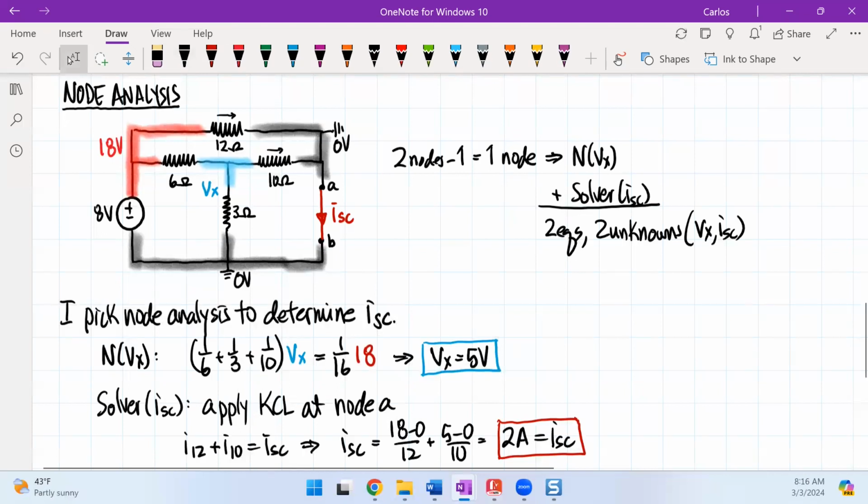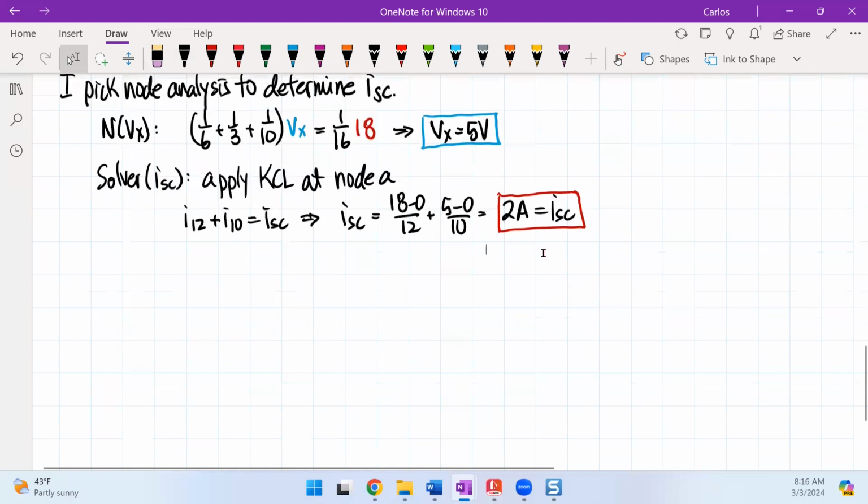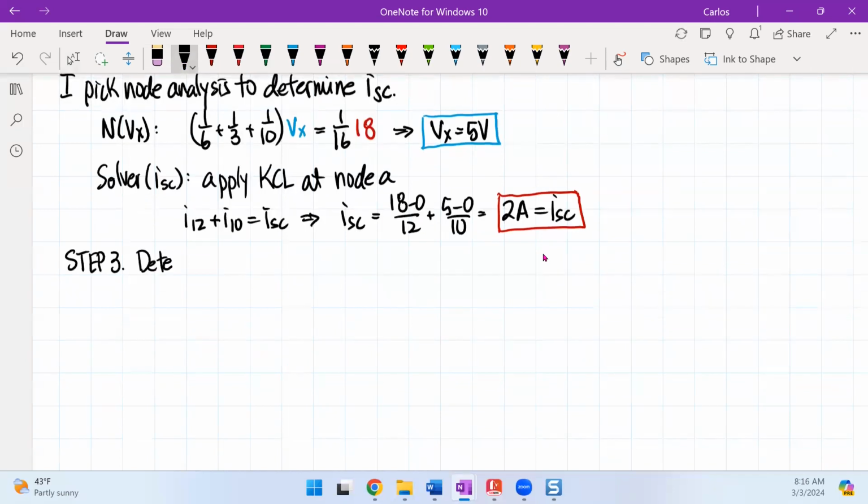So then I just move on to step 3. So step 3 says determine RAB, which is the same as the Thevenin resistance.